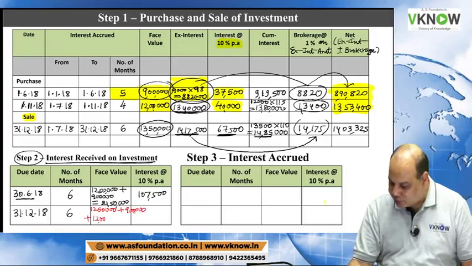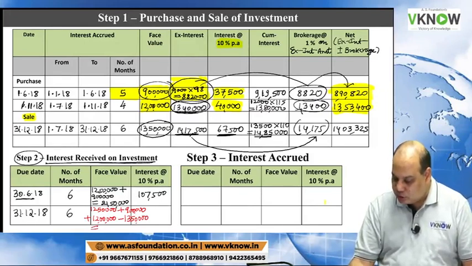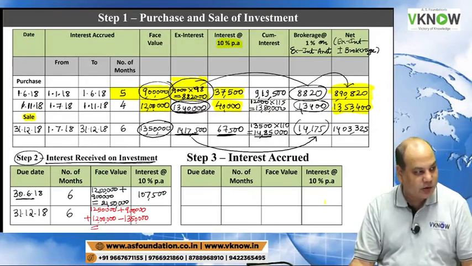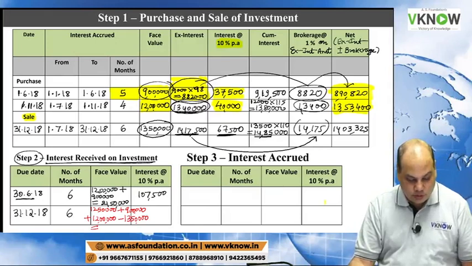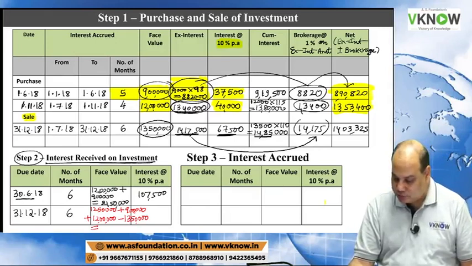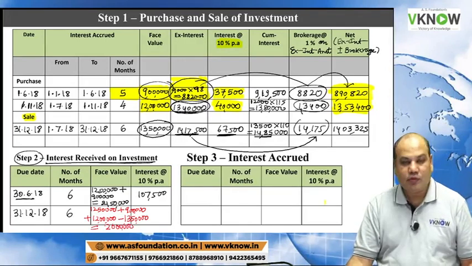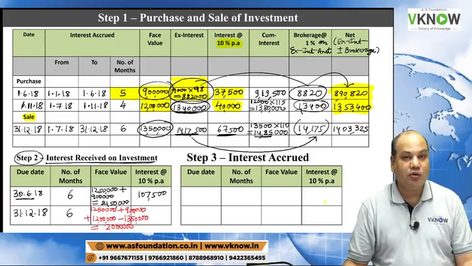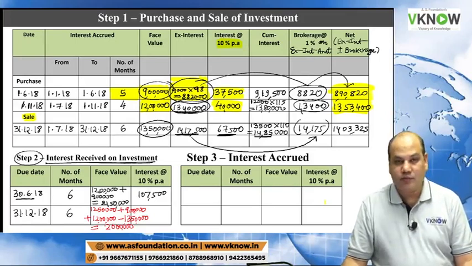Two purchases were made, and minus you sold 13,50,000. So the answer is 12,50,000 plus 9 lakh plus 12 lakh minus 13,50,000. So this time my answer will be how much? 20 lakhs. Very good.